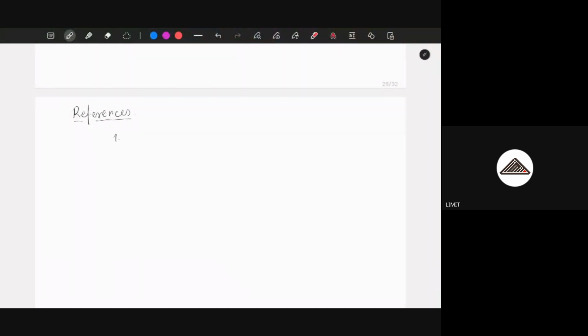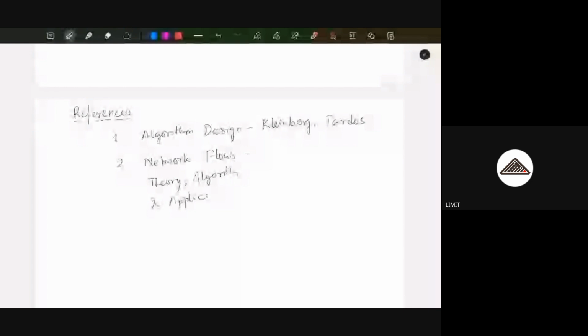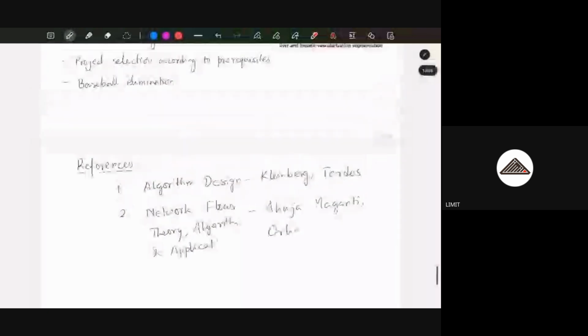One is Algorithm Design by Kleinberg and Tardos. And the other one is Network Flows: Theory, Algorithms, and Applications, by Ahuja, Magnanti, and others. Okay, these two are the references.